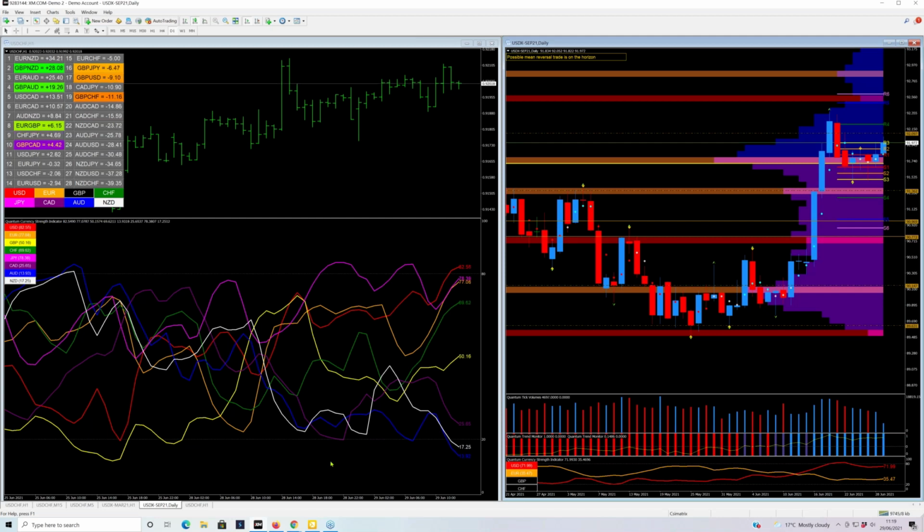The first thing that really catches my eye is, first of all, it's really good to see that we have some divergence. We've had some strong flows into currencies, and these are the lines that have been moving in one direction. What is really awful is when you get them here in the middle.